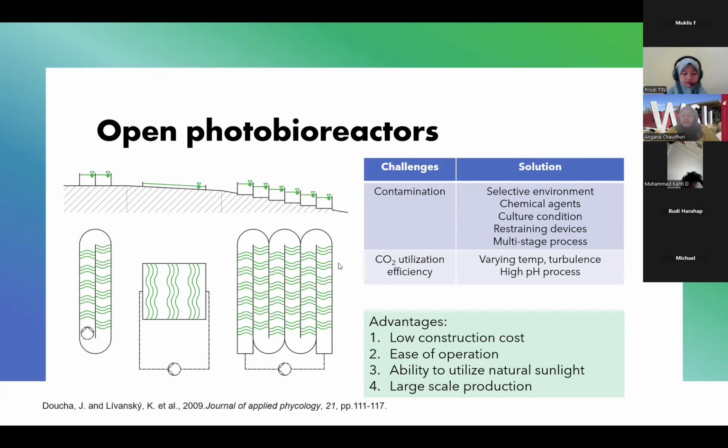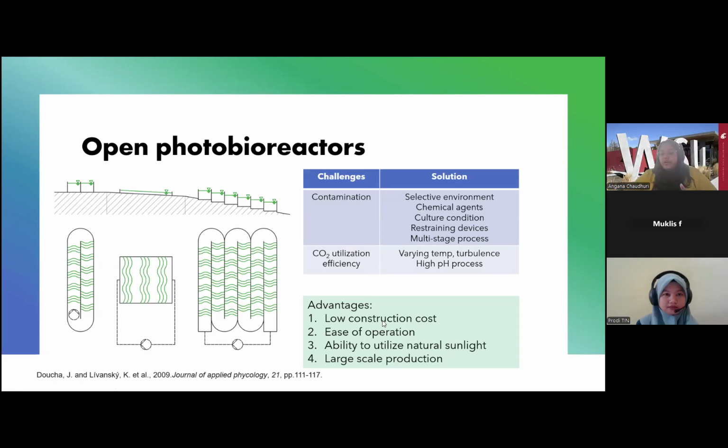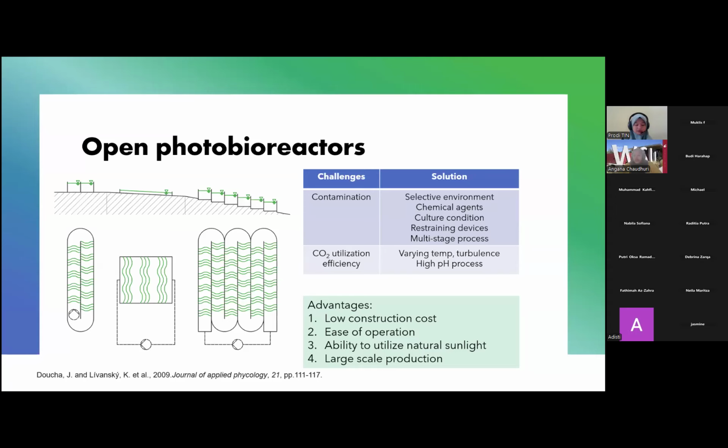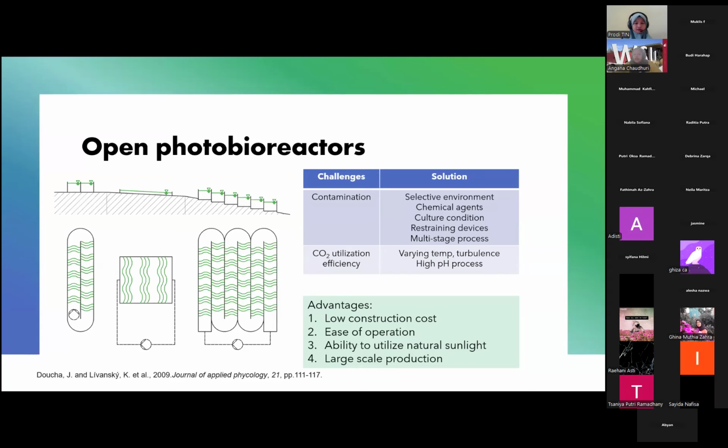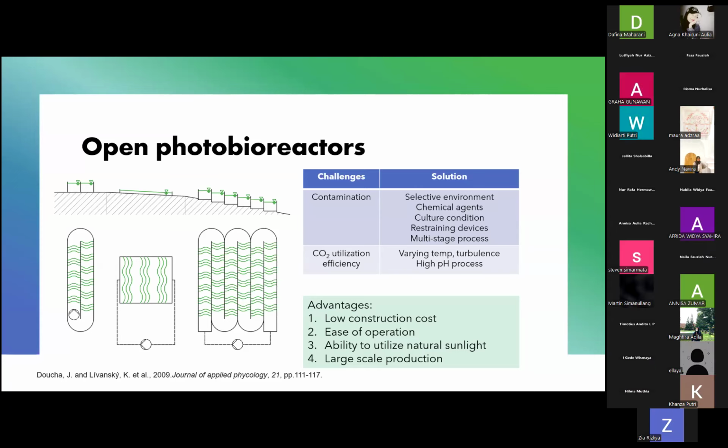But this system has an advantage over the closed reactors: it has low construction cost, as it is not under any particular reactor. The capex and the opex are very low, and it is also easy to operate. At the same time, it can utilize natural sunlight, and we do not have to provide something separate like continuous monitoring.